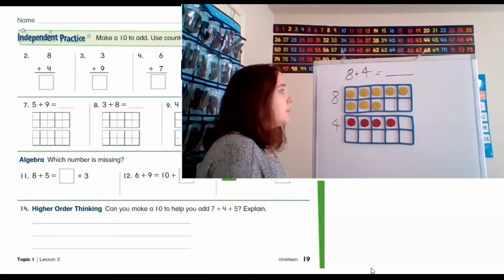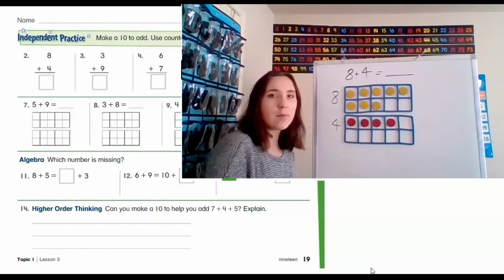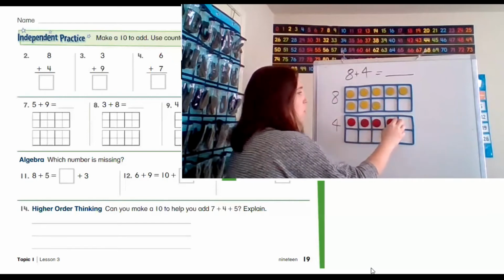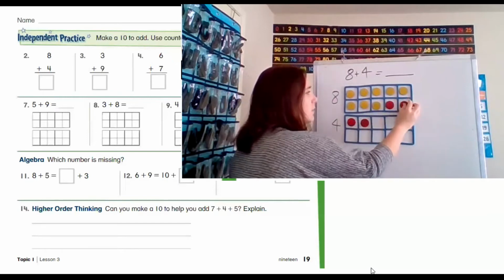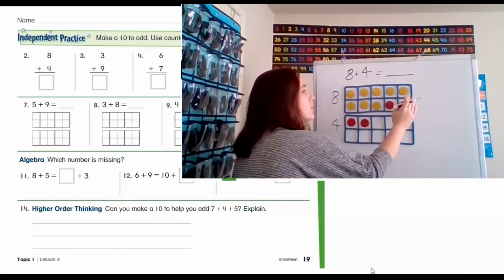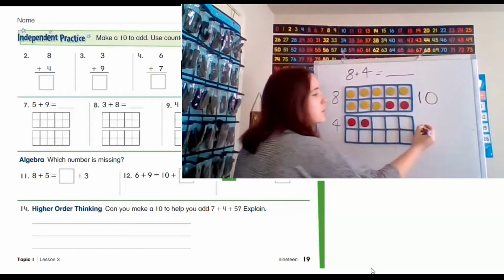Now I'm going to move some of these to fill in this 10 frame. How many should I move? 2. So I'm going to move 1, 2. So now this 10 frame is completely full, which means this is showing 10, and this one is showing 2.